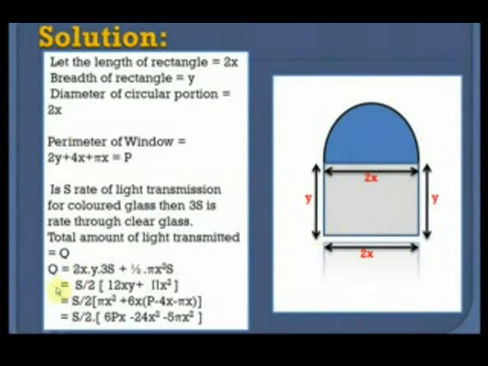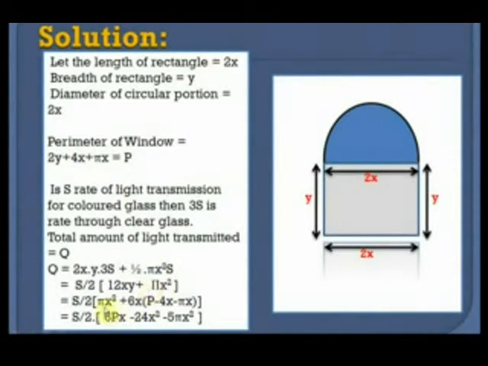So Q would be equal to 2x into y into 3s, because the area of this rectangular portion is 2xy and the light transmission is 3s, plus 1 by 2 into pi x squared, as this is the area of the semicircular portion, into s. s is the rate of light transmission from the colored glass. So this is equal to s by 2 into 12xy plus pi x square.